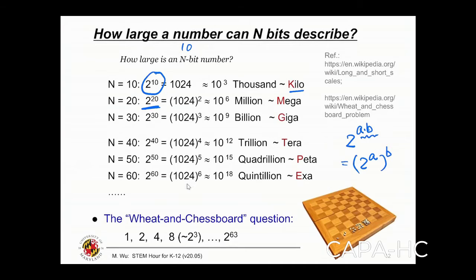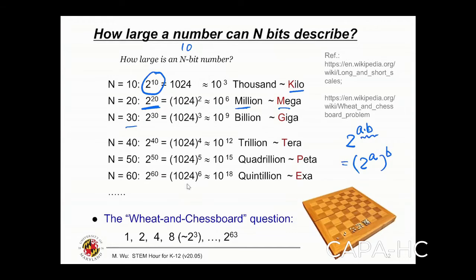This will be roughly 1,000 squared, and that would be about 1 million, just over 1 million. We call this by the short name mega. And similarly, if we have 30 bits, this will be a number at the level of 2 to the 30th, and this will be about 10 to the 9th.